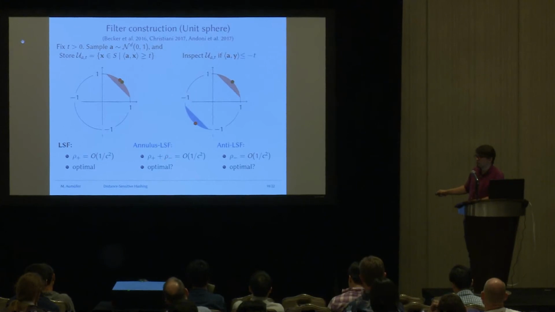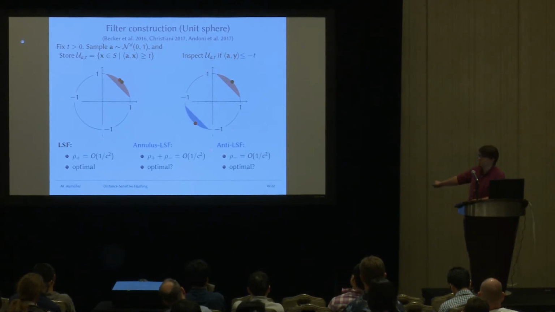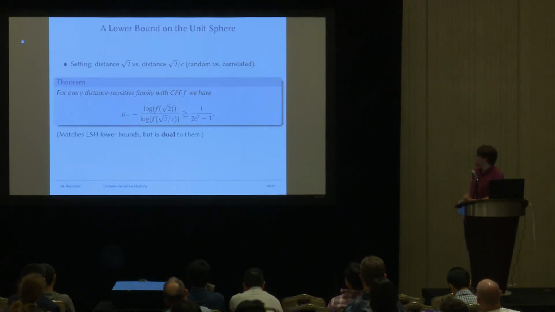We don't know if you have to combine them in this way. The order of 1 over c squared is going to be optimal, but the exact term is basically 2 times the rho value that we know. So this is unknown to us. What we show is that this construction is as good as it can be. Okay, let's just skip over that.